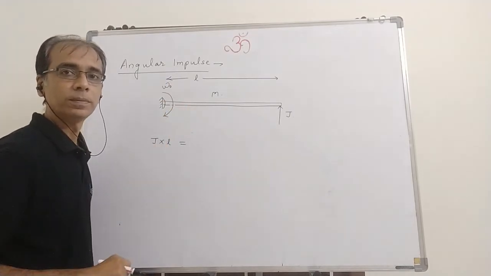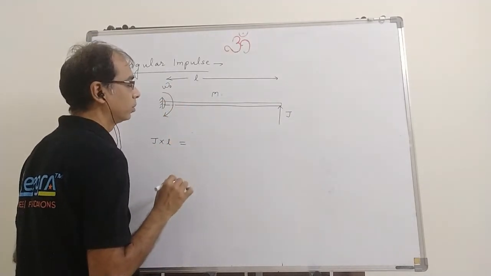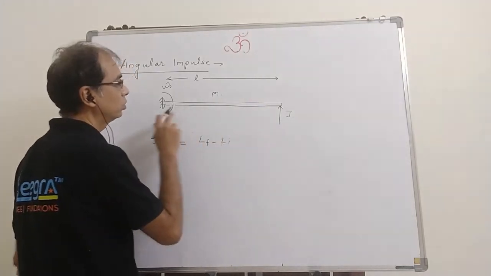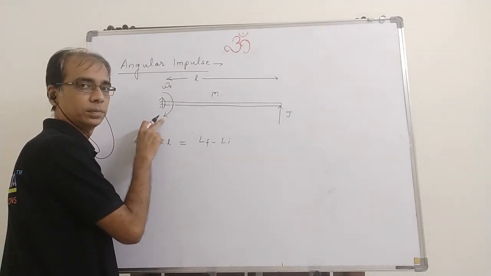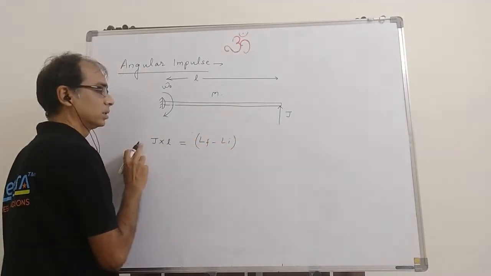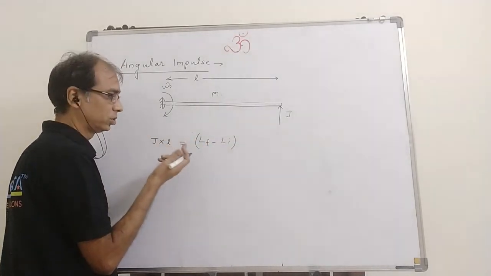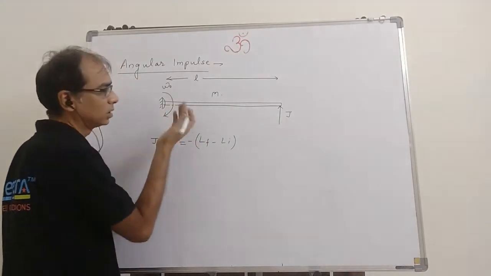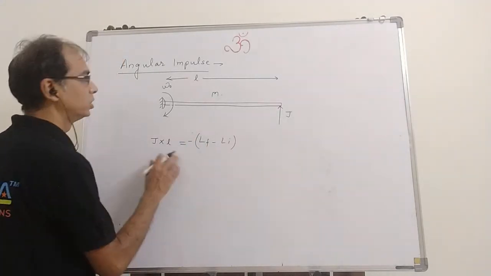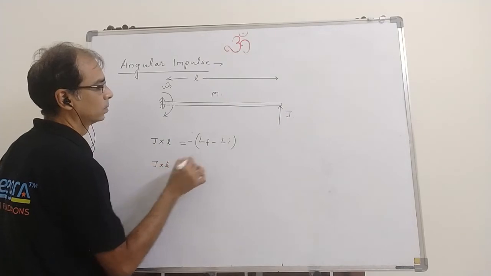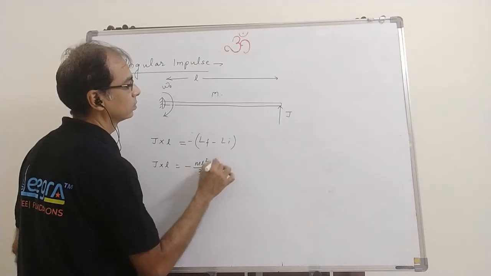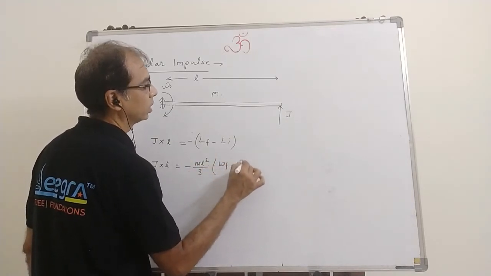Opposite direction. So if I write the change in angular momentum, L final minus L initial, you can see the impulse is in the opposite direction to the direction in which it was already rotating. So either I write this as negative or that as negative, our wish. I am considering outward as positive, so this is negative. So J into L minus, with I as ML square by 3, is omega final minus omega initial.